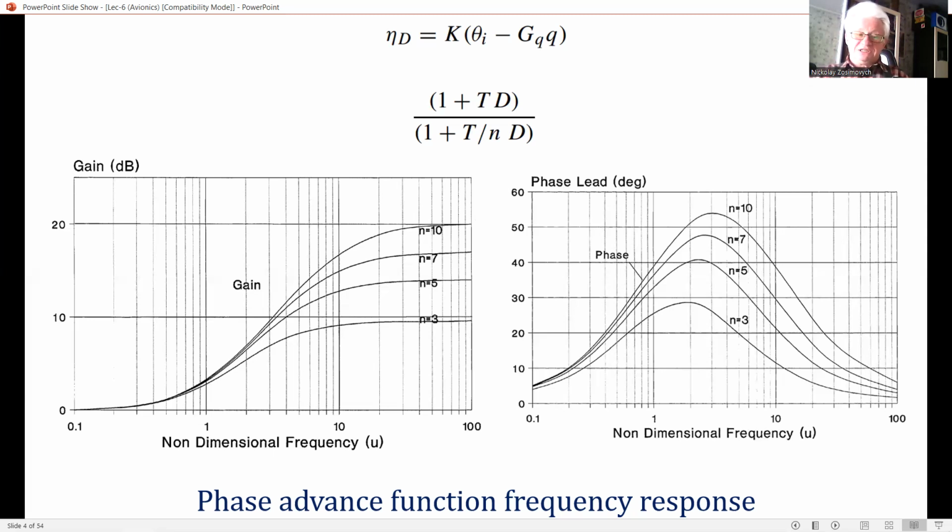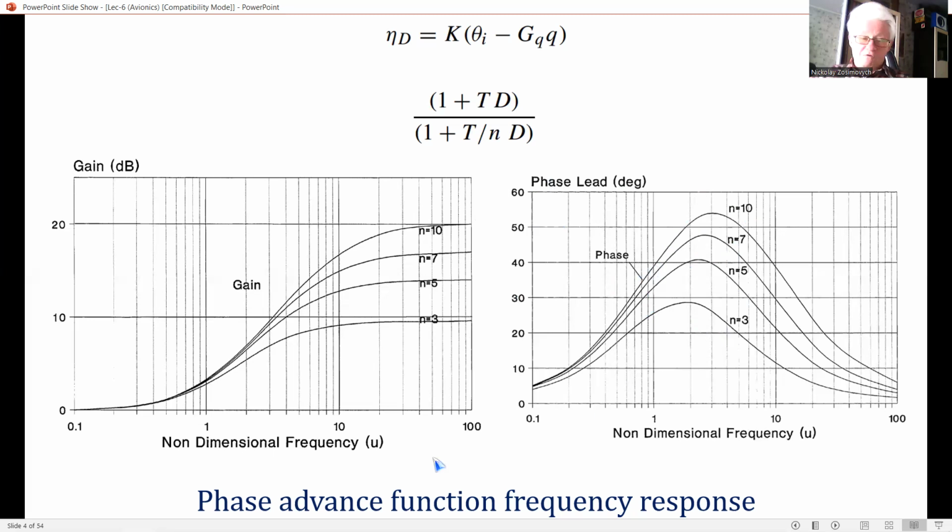The characteristic is plotted for n equal 3, 5, 7, and 10. And you can see on the left the gain for 10, 7, 5, 3, and the non-dimensional frequency, with the phase lead for 10, 7, 5, and 3.